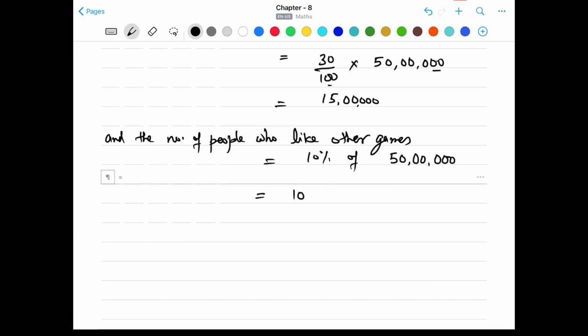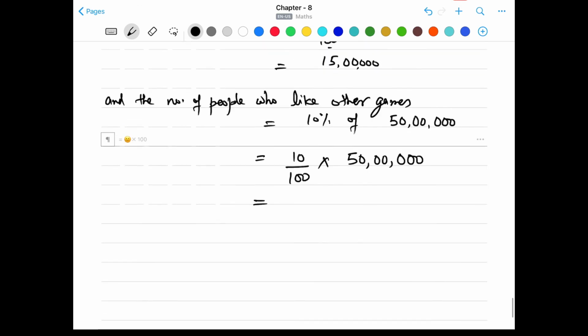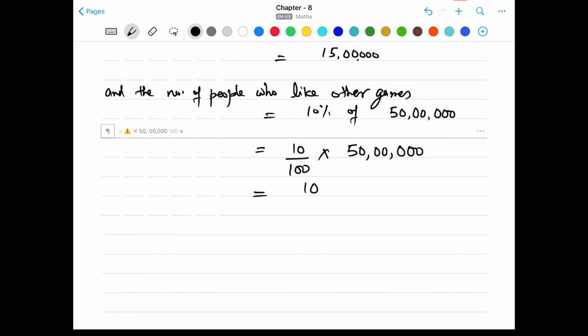So when you solve this, 10% will change to 10 by 100. This 'of' means multiplication, then 50 lakh multiplied, and when you solve this, you will get 10 lakh people. Not 10, it will be 5 lakh. 5 lakh people like other games like badminton, tennis.